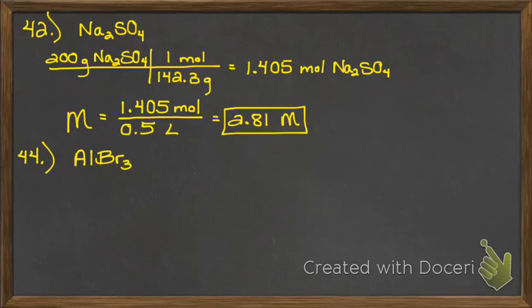Okay. I can see that my aluminum bromide is in grams, and I've got to get it out of that because moles are what's in the formula for molarity. So let's see, 50 grams aluminum bromide. Okay, the molar mass for that off the periodic table, big number, 266.7.